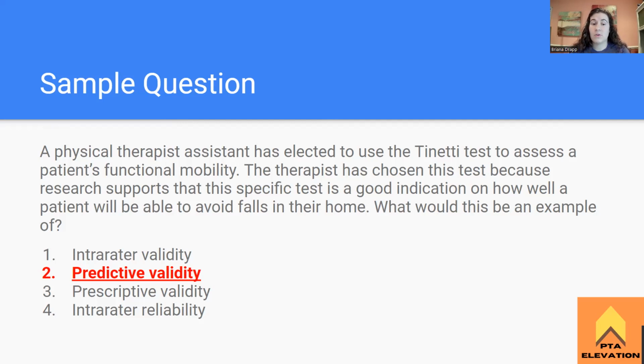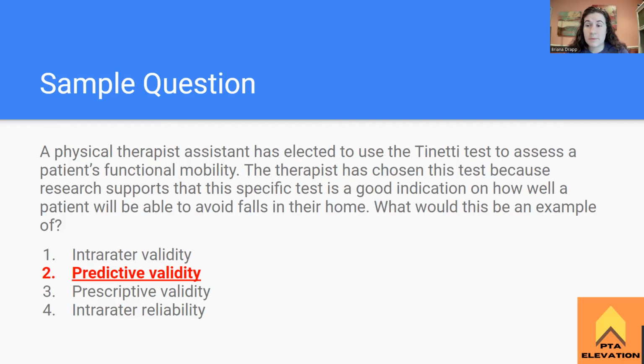So let's make sure we go through the other ones to make sure that we're on track. Intra-rater validity. This isn't really too much of a thing. The board is going to throw this in there to confuse you between reliability and validity. So this is incorrect. And we go to number 3, the prescriptive validity.